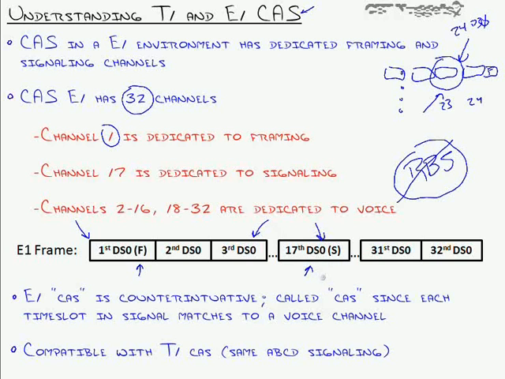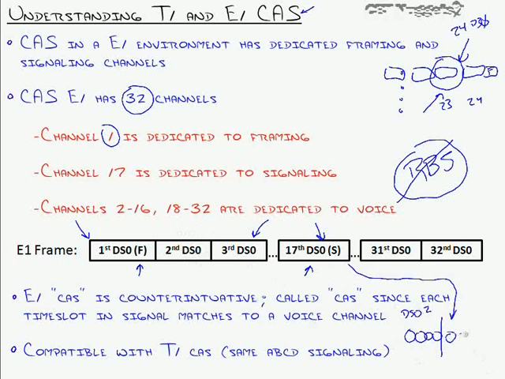Well, the reason is that it uses the same standard of signaling that T1 does. Meaning, if I were to grab the first frame from this DS0, every frame in that DS0 is 8 bits. The first 4 bits are dedicated to DS02, our first voice channel.